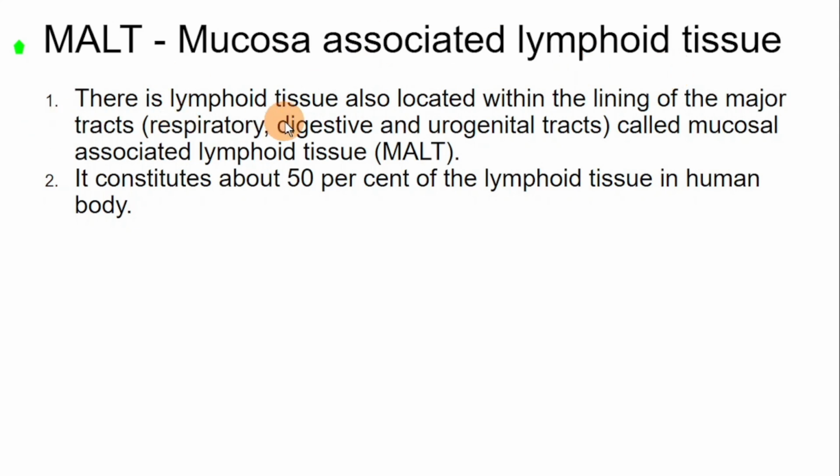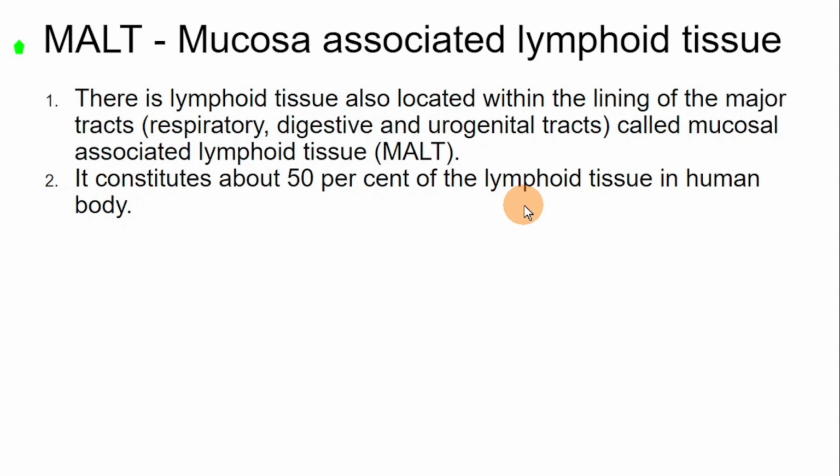There is lymphoid tissue also located within the lining of major tracts. This is what I covered: respiratory, digestive, urogenital tract. And this is called MALT. And it constitutes 50% of the lymphoid tissue in the human body. Because it is the most sensitive area, imagine if these soldiers are not there.